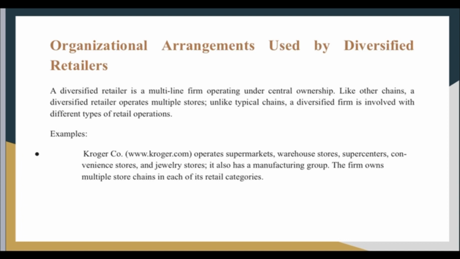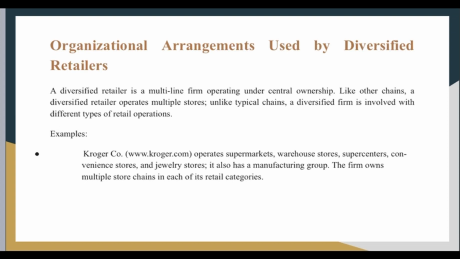The next one is the organizational arrangement used by diversified retailers. A diversified retailer is a multi-line firm operating under central ownership. Like other chains, a diversified retailer operates multiple stores. Unlike a typical chain, a diversified firm is involved in different types of retail operations.